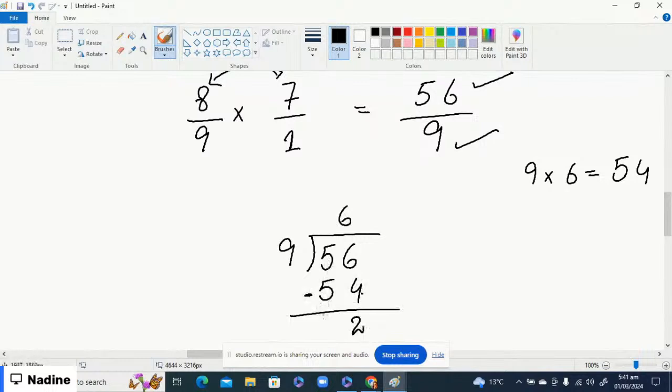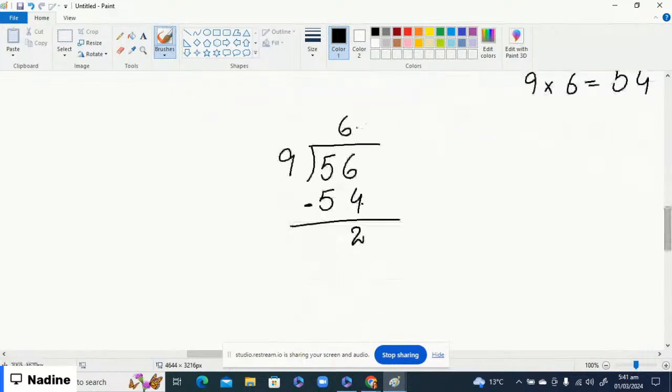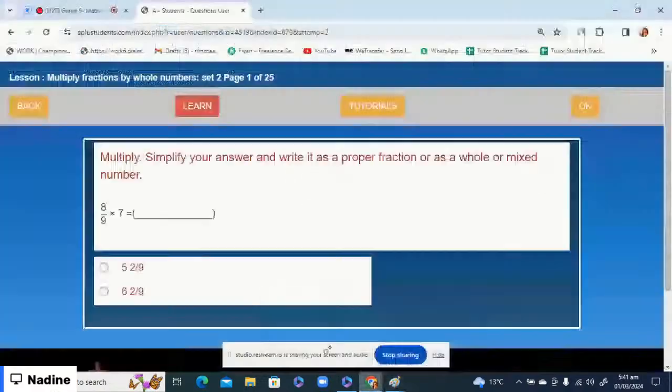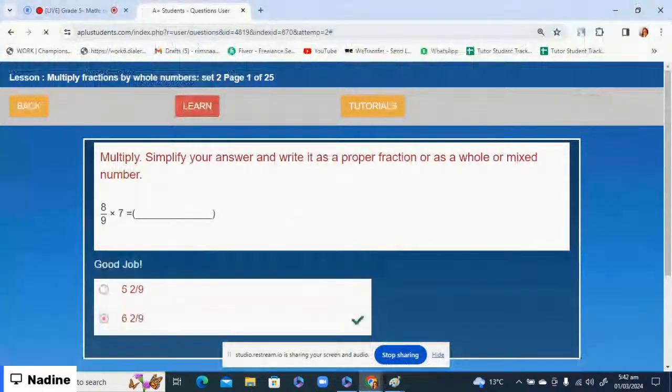Put this 6 here. Now 2 on the top and 9 in the same position. 6 into 2 by 9 is the answer. Is there any option for 6 into 2 by 9? Yes, it is. Then we move on with that answer.